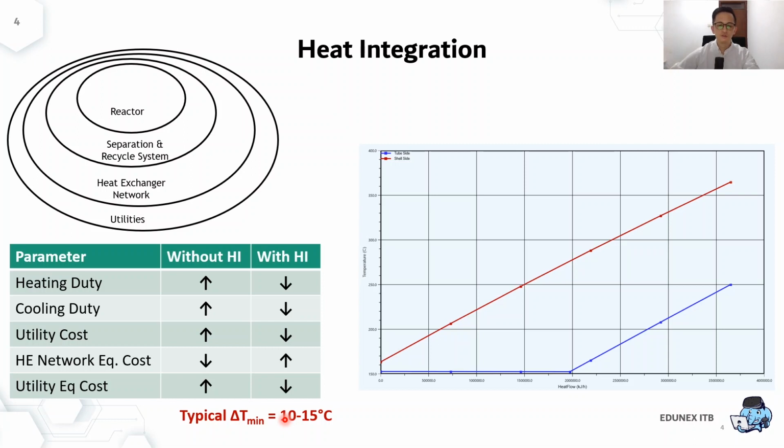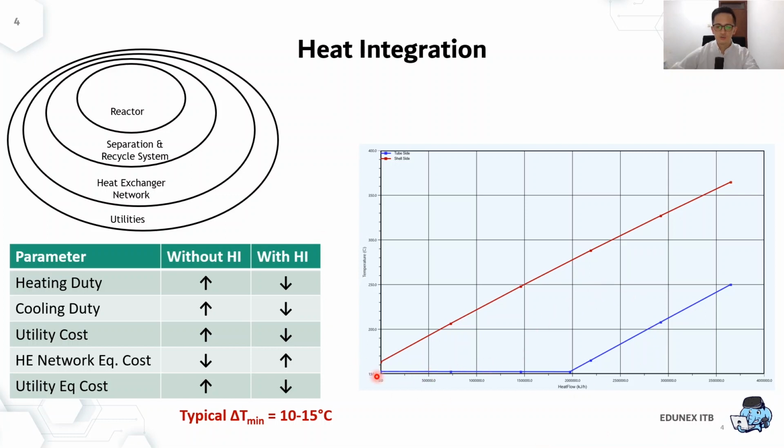But for a very specific case, where you have a very limited amount of utilities, for example, you want to build a platform in offshore oil and gas production, maybe we can push this number even to 5 degrees C or even below that to minimize the utility requirements. We can check this design spec later when we look at the composite curve of the internal heat exchanger.